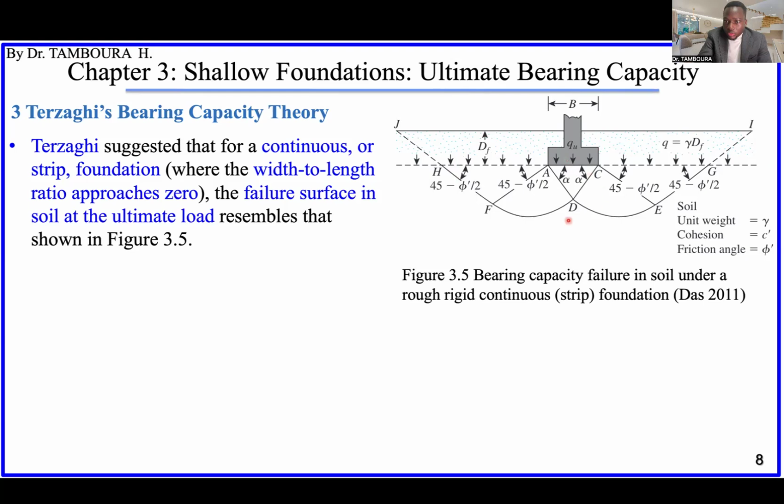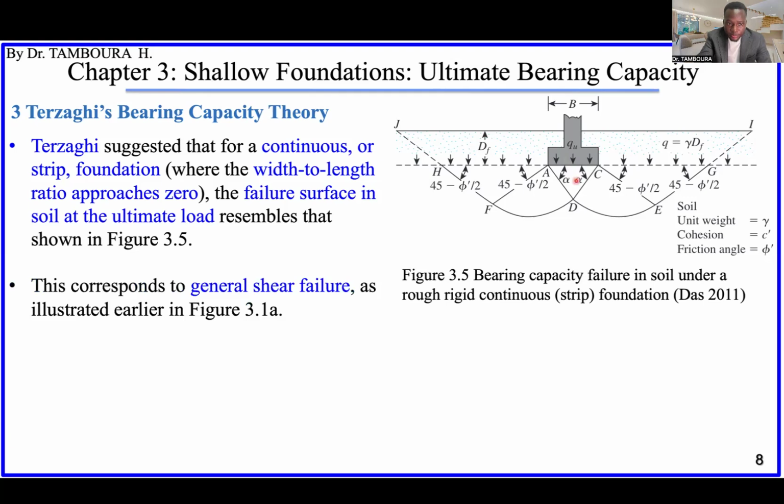So according to him, for strip footing, when the ultimate load is reached, the failure in the ground will look like this. As I said, it looks like general shear failure.